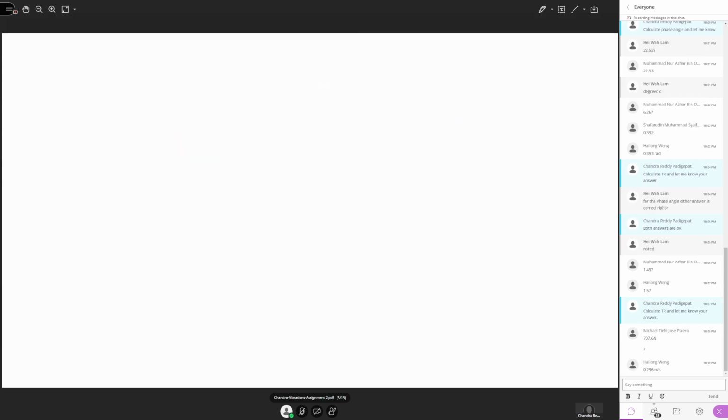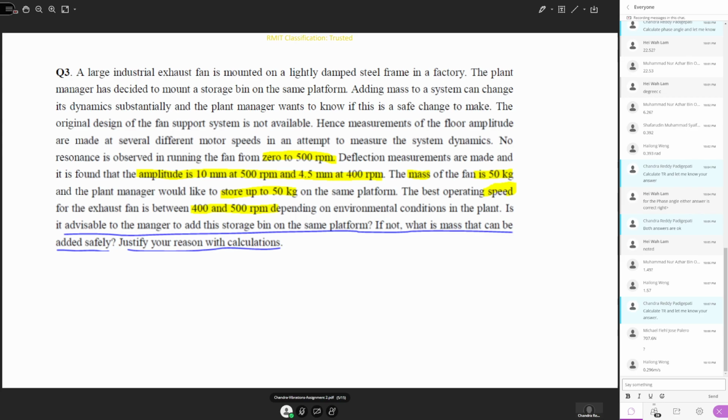All right, so next we move on to the third question. Okay, so read the question and write down all the given information. Okay, a large industrial exhaust fan is mounted on a lightly damped steel frame.